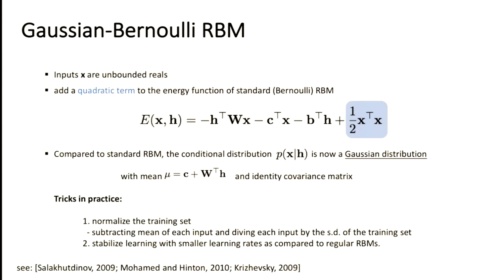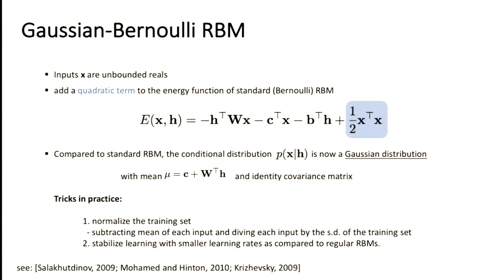So a simple extension, as was also introduced in the first part, is to use a Gaussian representation of your visible units, and that's basically what is called a Gaussian Bernoulli RBM. So in this case, the x's, where x again represents the visible units, can take unbounded real values, but your hidden units are still Bernoulli, so they are still binary variables which take values zero and one.